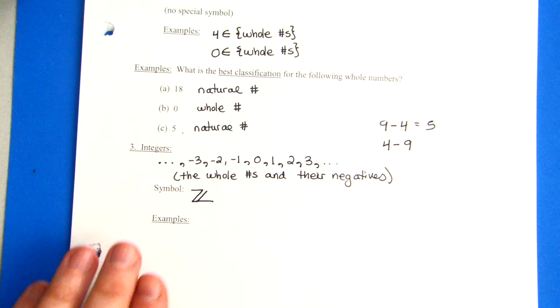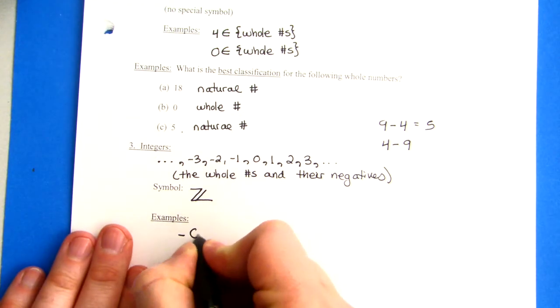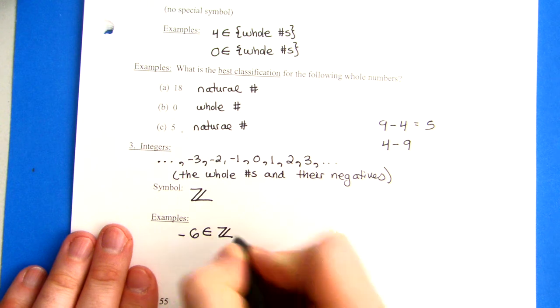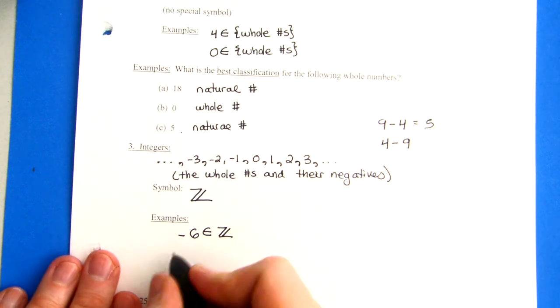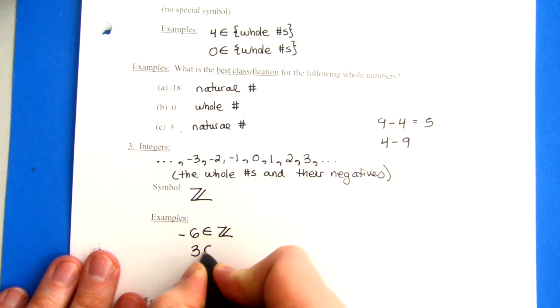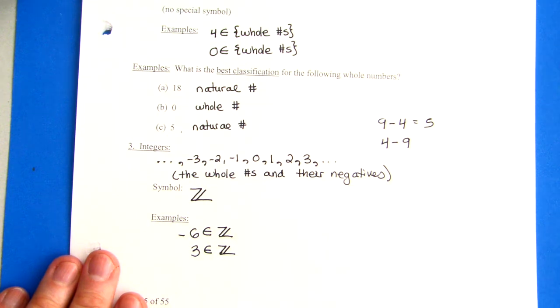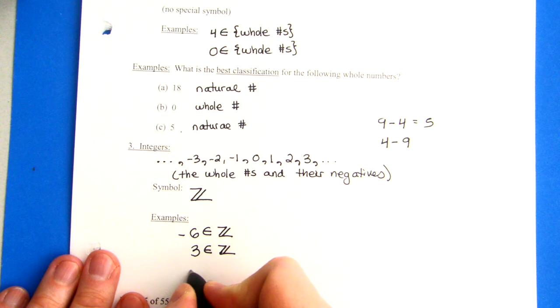Now, I can tell you things like -6 is an integer. I can say things like 3 is an integer. It's not its best name, but it counts as an integer. I can tell you that 0 is an integer.